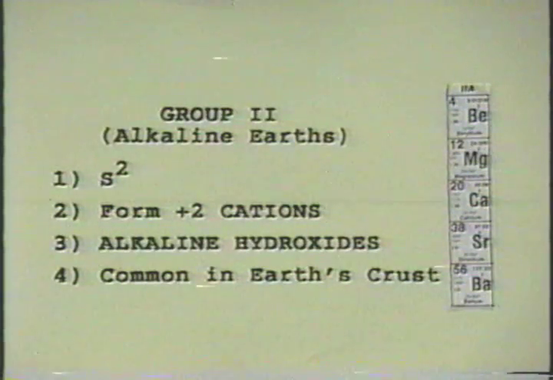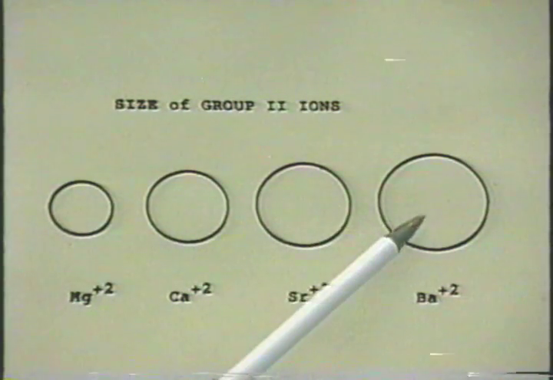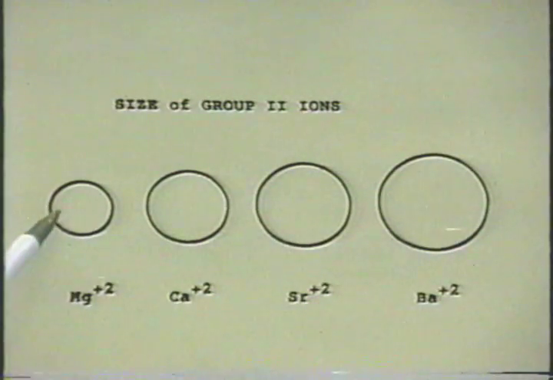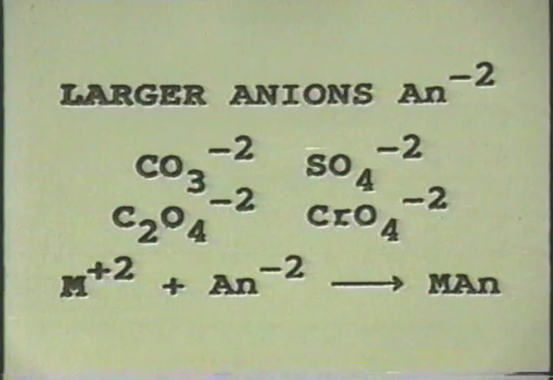Now, let's look at one of the differences. While all the group 2 elements form +2 cations, the size of these ions varies, increasing as you go down the group until the diameter of the barium ion is more than twice that of the magnesium ion. You'll allow each of the 4 group 2 cations to react with 4 different anions.